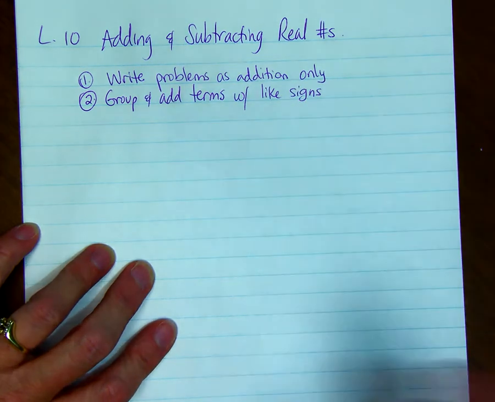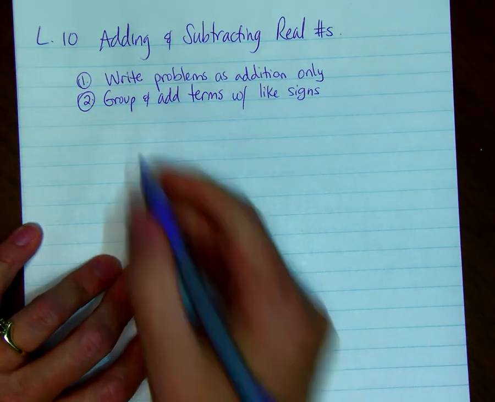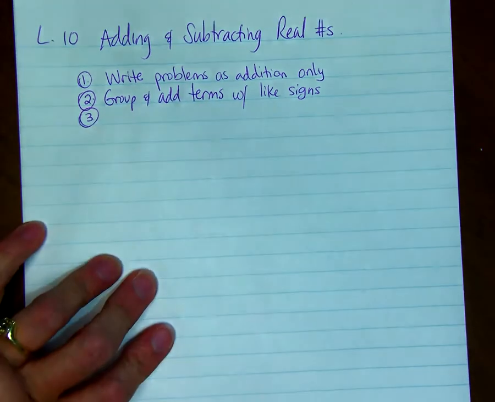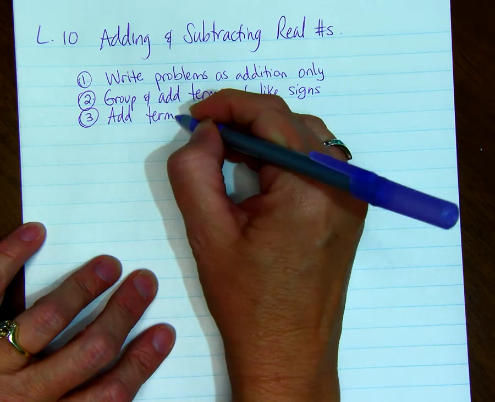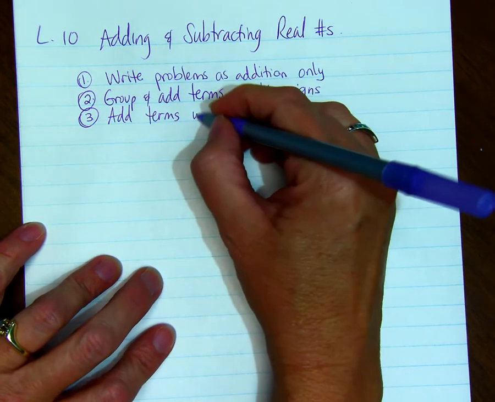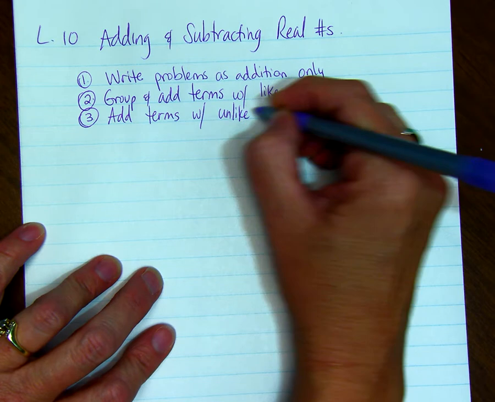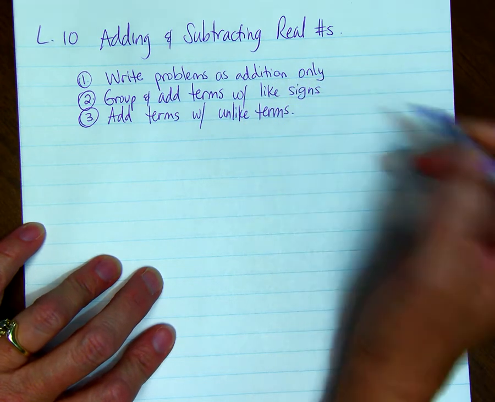So you would add all the positives together, then you would add all the negatives together. And then the third one is to add the terms with unlike signs. So in other words, you would add the positives and the negatives together. Well, you'd have one positive and one negative term.